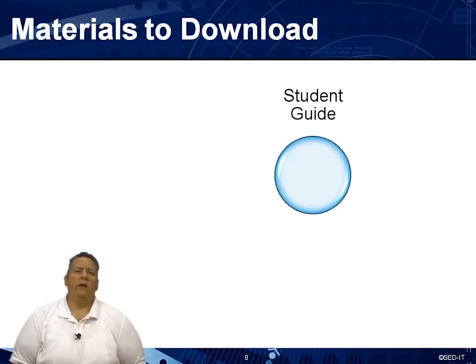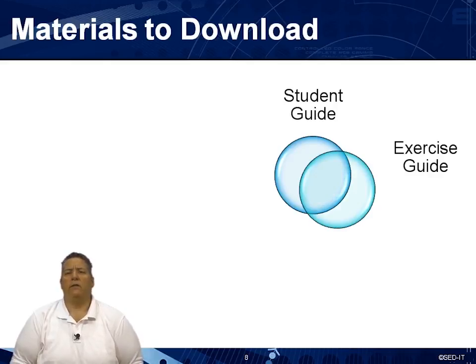Okay, so the materials that you need to download. First and foremost, the student guide. That's the slides that I'll be working with. They're going to be given to you in a format that you can print them off, take notes, whatever it is that you need to do. We'll also have an exercise guide, some homework puzzles to reinforce some of the concepts. Use as you see fit. Answers are also provided.